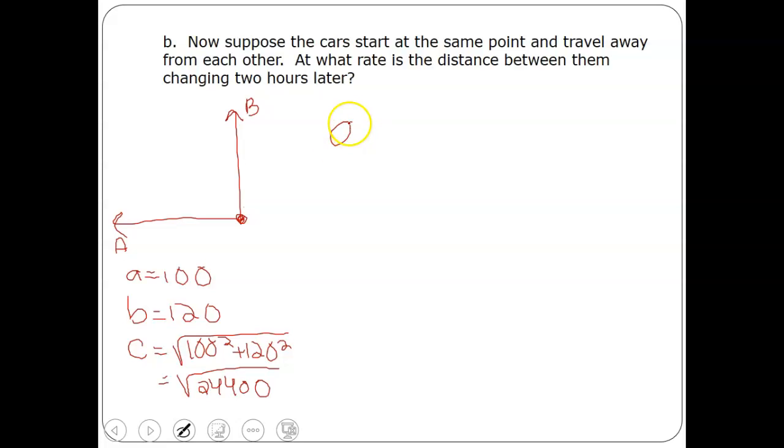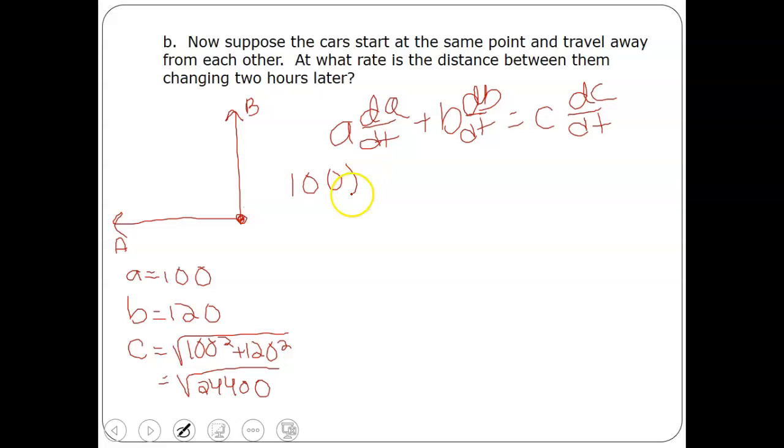All right, so A da/dt plus B db/dt equals C dc/dt. So A is the distance away, which is 100. Its speed is positive, because it's going away and the distance is getting further.